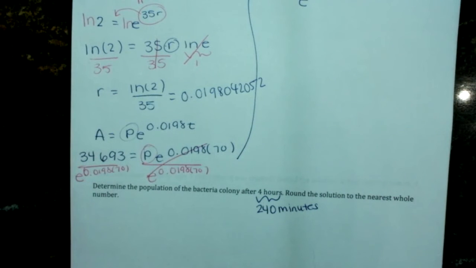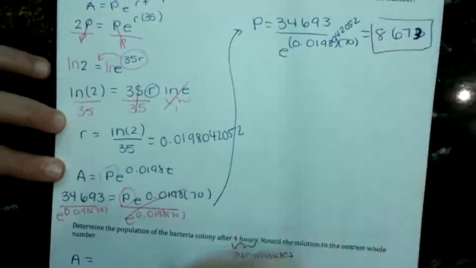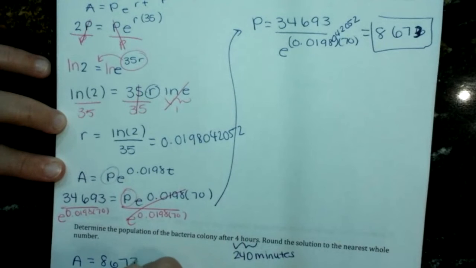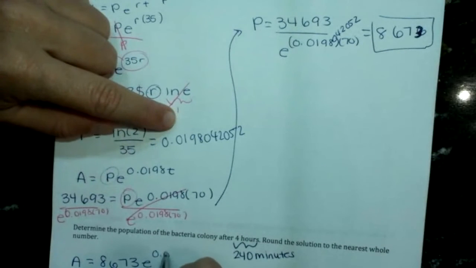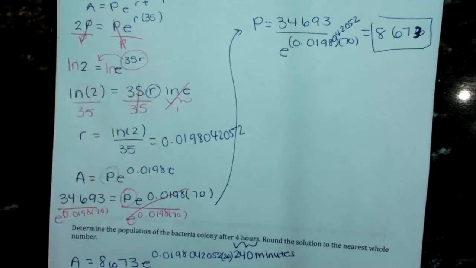So our new formula will be A equals P, which we just found, 8673, e to the 0.0198042052 times 240 minutes.